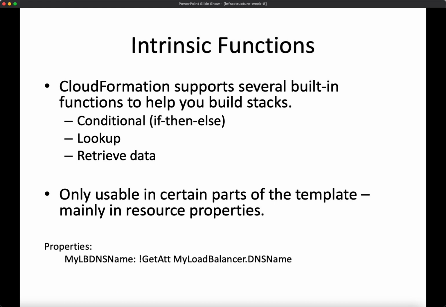Here's an example below where we're using an intrinsic function. There's a property called myLBDNSName, and we're using the get attribute function, the GetAtt function, to retrieve an attribute value for a CloudFormation resource.